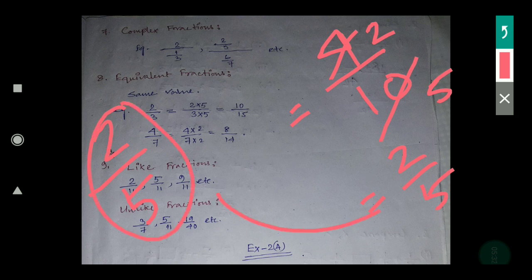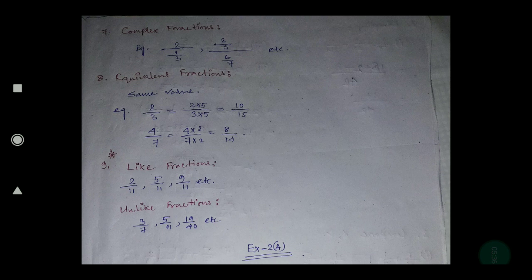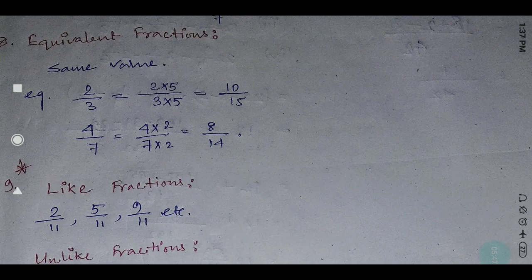Both are equal, so it is called an equivalent form, that means same value. The fractions look different, but if you simplify or multiply, then it will give the same fraction. See here, 2 by 3 is given. If I multiply both numerator and denominator by 5, then 2 5s are 10, 3 5s are 15, so 10 by 15.